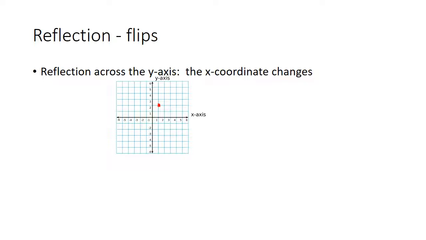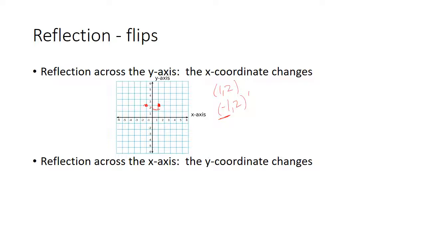So that means that it needs to be exactly as far away from the y-axis as the original. So we're 1 spot away, so we're going to put our new spot right there. All right, so our x coordinate changed, our y did not. So our original was at 1, 2, and our new spot is going to be at -1, 2.